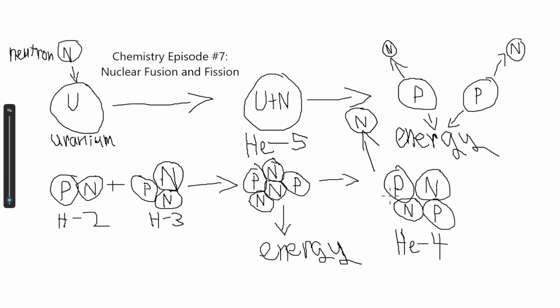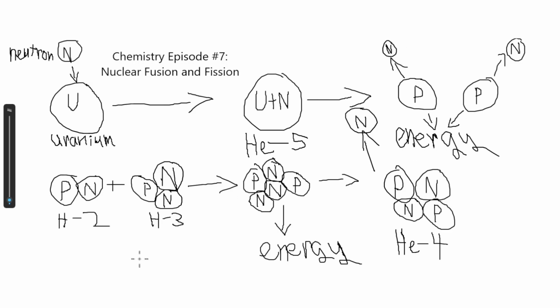So, just to recap, nuclear fission is when an isotope gets an additional neutron, and then it's really unstable, and then immediately decays and splits apart into two products and releases a bunch of neutrons and energy.